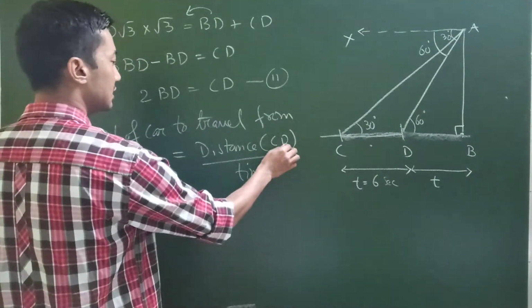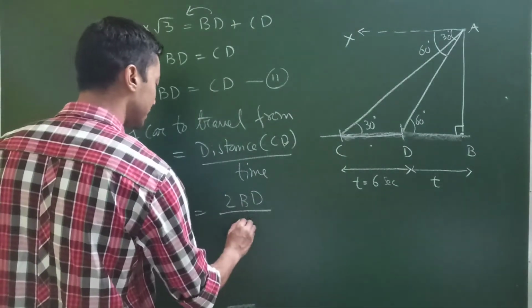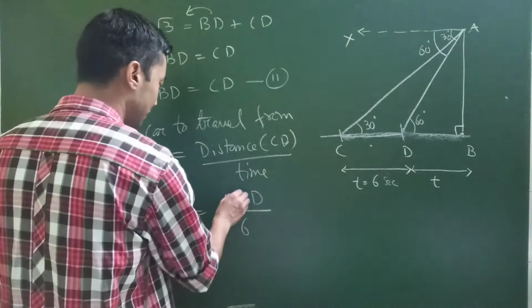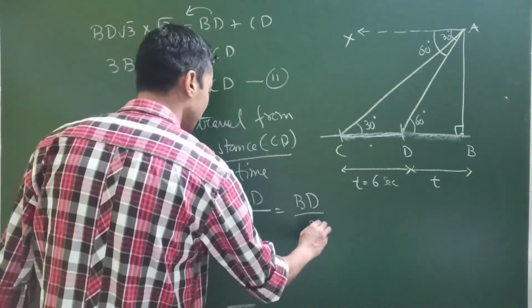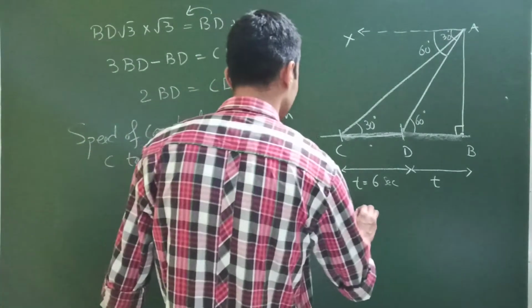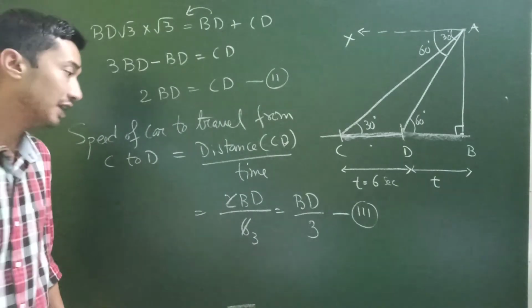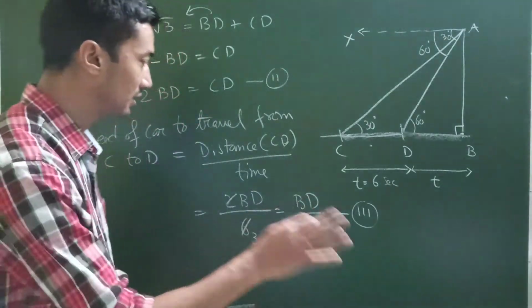So what is the distance CD? We can also use twice of BD. What is the time here? 6 seconds. I'll not write the units here for now. So 2BD upon 6, that is BD by 3. This is the general speed of the car, meters per second, maybe kilometers per second. Unit is not mentioned, so let's just ignore that.